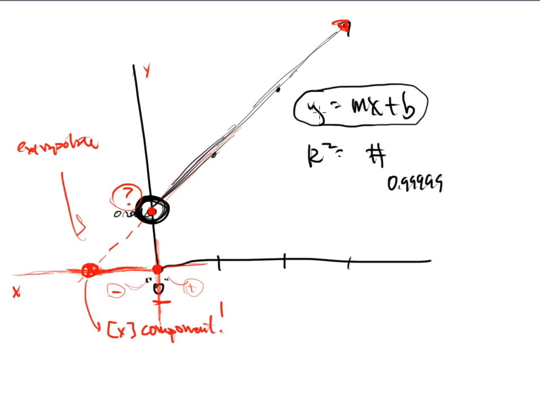So if I've got my y equals mx plus b equation, the only thing that I'm going to have to do is put 0 in for y. And then I solve for x. And that x number will be negative, because this extrapolation happens on the left-hand side of the origin.